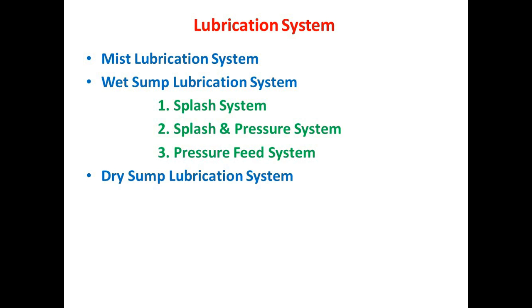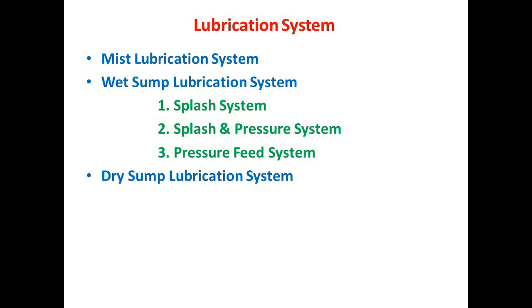In the case of the two-stroke engines of a motorcycle, you might have seen that along with the petrol, oil is added to the fuel. The reason is that in a two-stroke engine, we do not have the facility for crankcase lubrication.